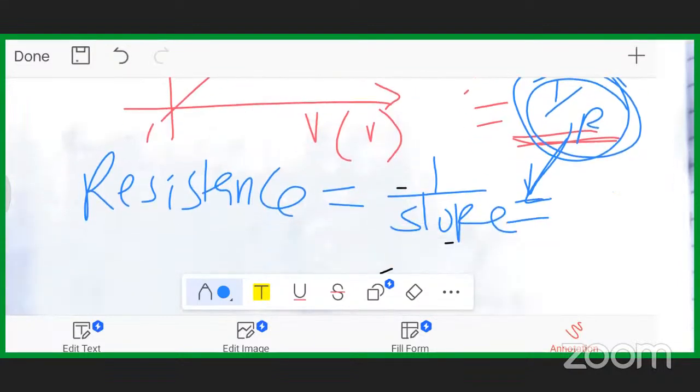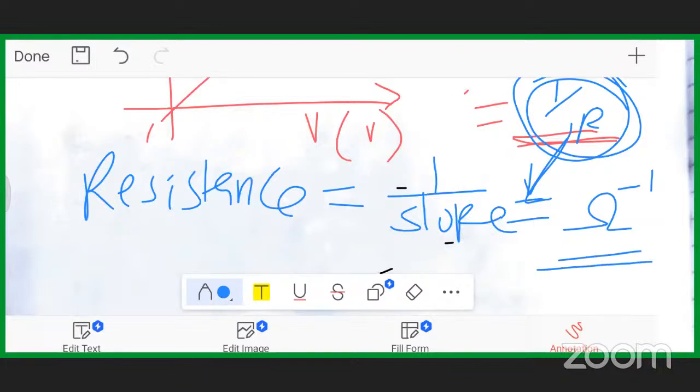The unit will be the reciprocal of ohm. So how do you write it in symbol? Siemens. Yeah, it can be Siemens or ohm to the power of minus one. Per ohm, not ohm meter. Ohm meter is something else.